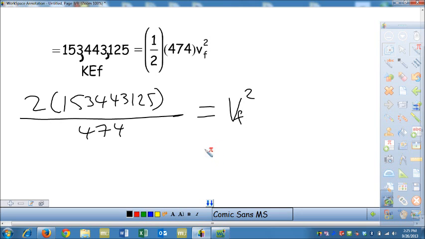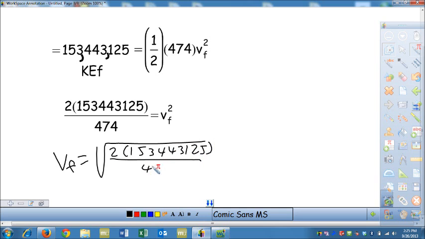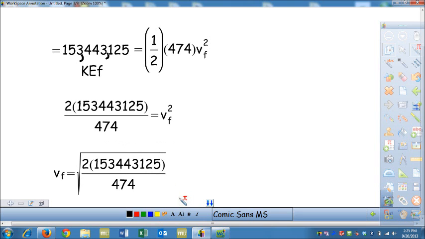Okay, so that means that the final equals the square root of 2 times 1, 5, 3, 4, 4, 3, 1, 2, 5 over 474. And let me do my calculator and see what that is.